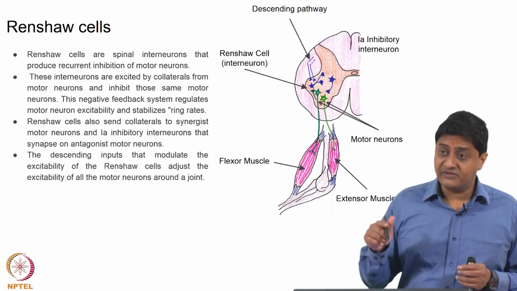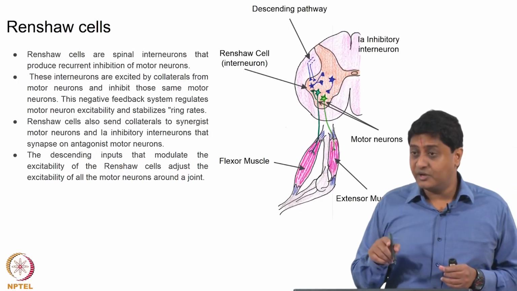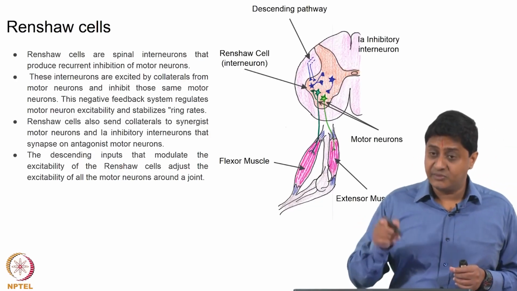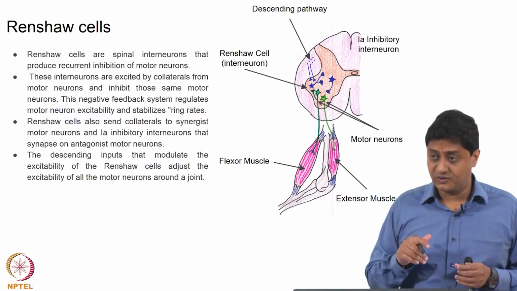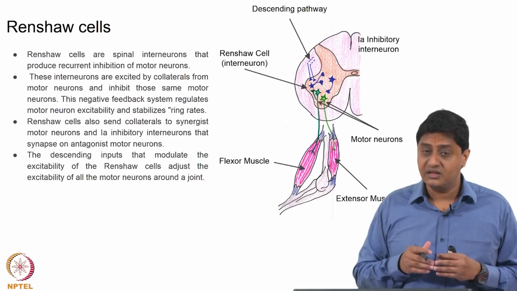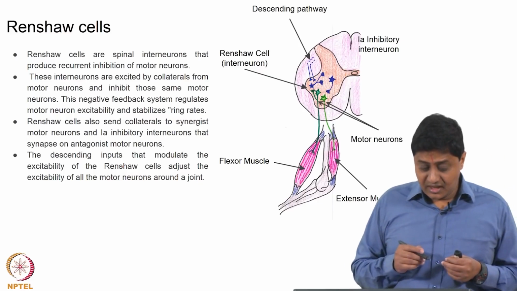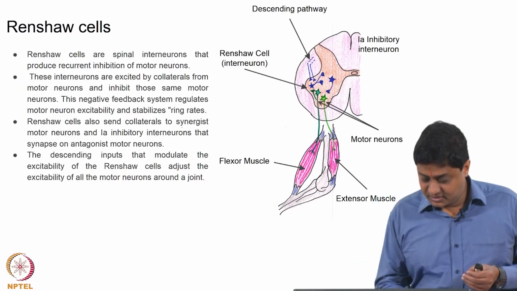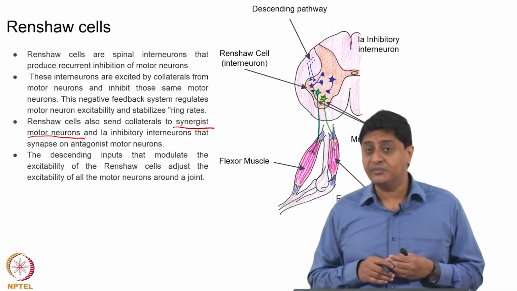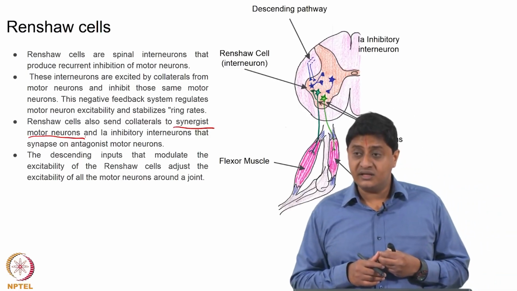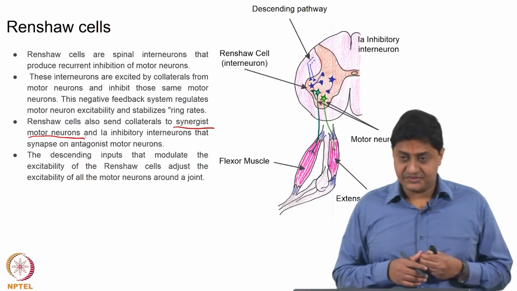So, by the way, let us also remember that when brachialis and brachioradialis are contracting, it will inhibit all the synergistic muscles: brachialis, brachioradialis and biceps. They also send collaterals of synergist motor neurons, and they also inhibit 1A inhibitory interneurons of the antagonists.